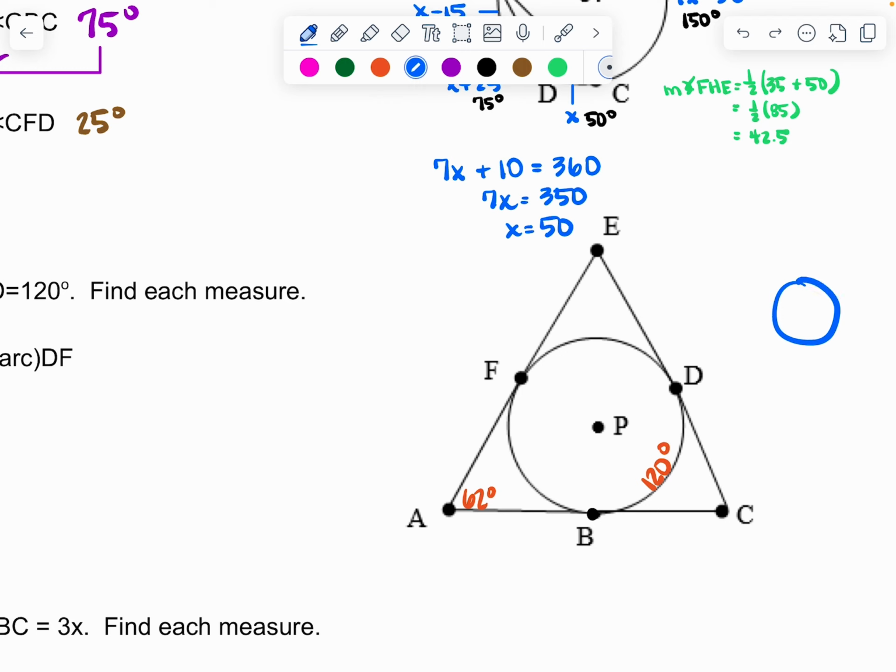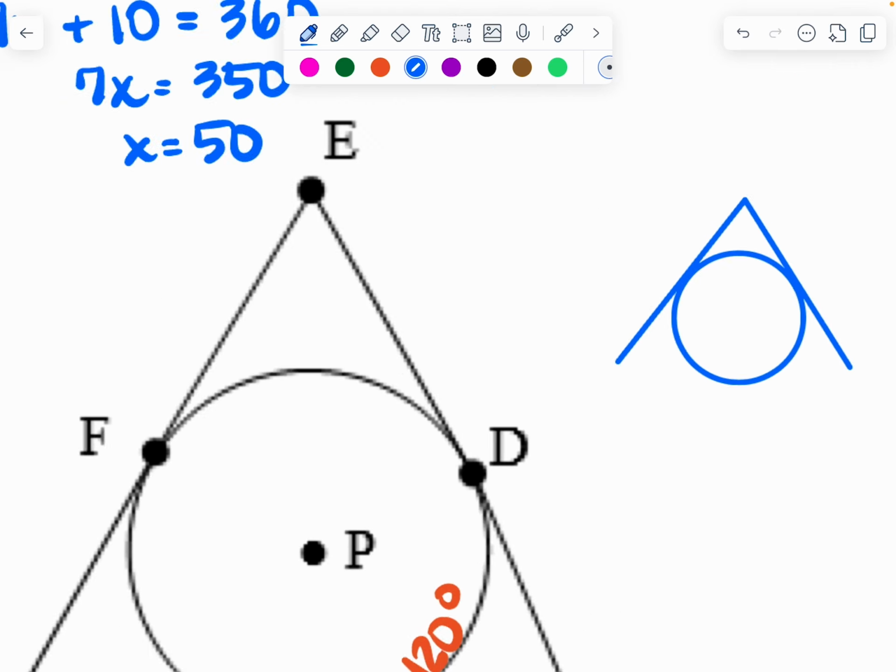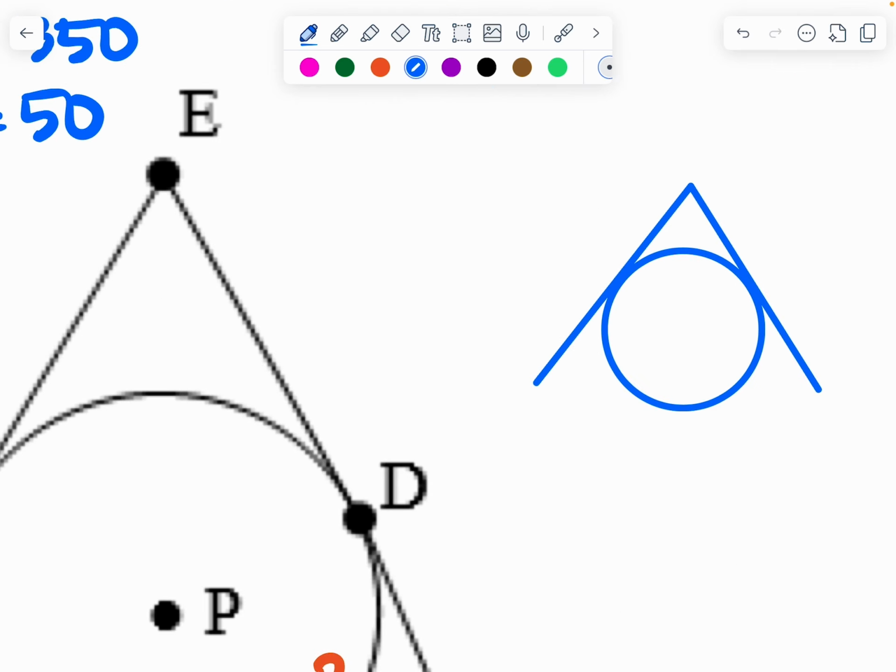In case you don't remember, let me recap. The secret rule of tangents says that this angle and this arc will always be supplementary if the angle is being created by two tangents.